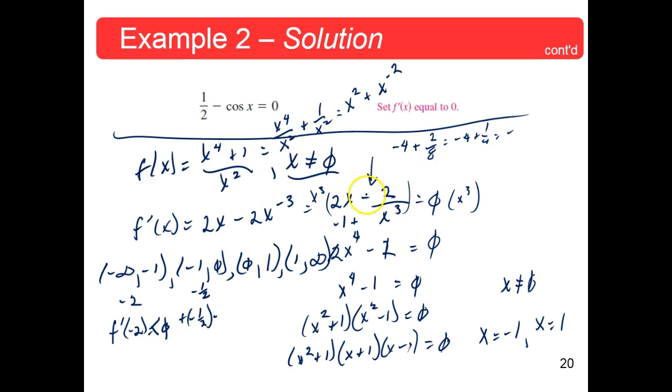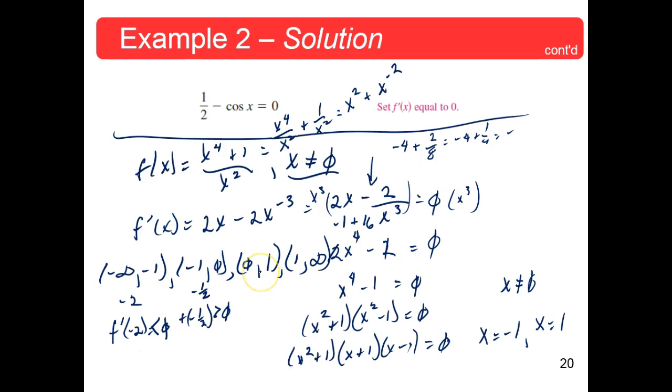But I use that negative to change the sign. Yeah, okay. So it becomes 2 over 1/8, which would be 2 times 8, which is 16. -1 plus 16 is fairly positive. Okay. That's all we're interested in here.